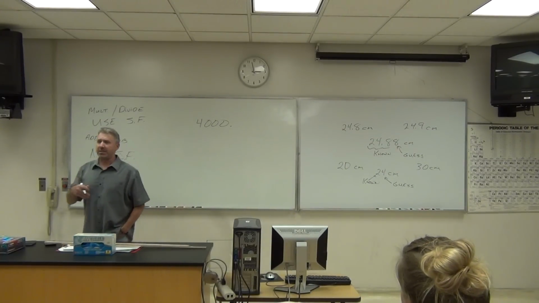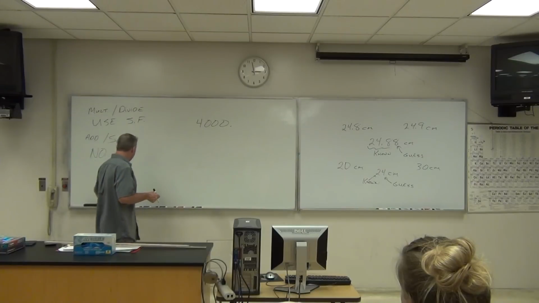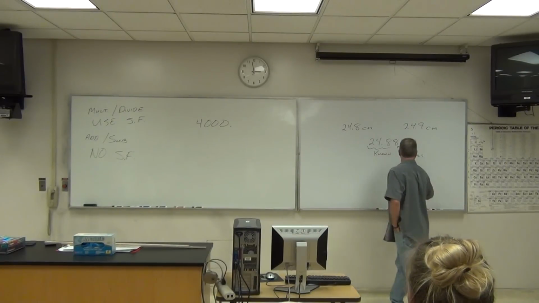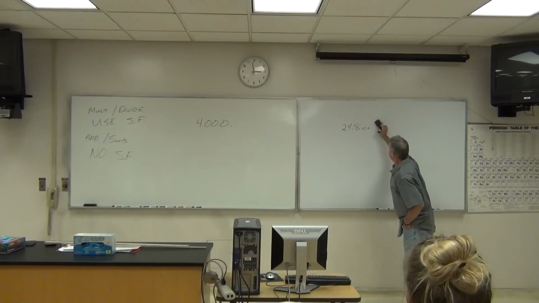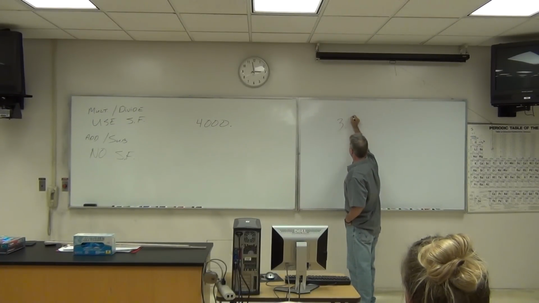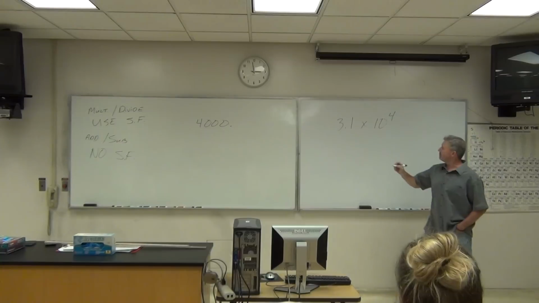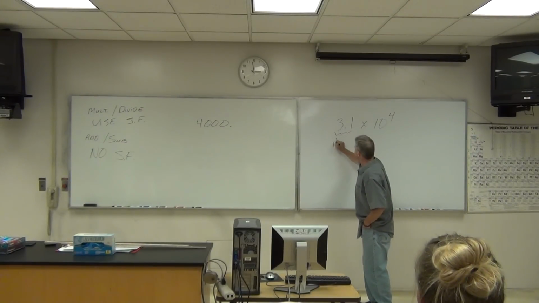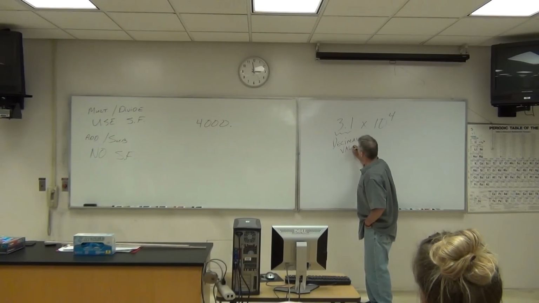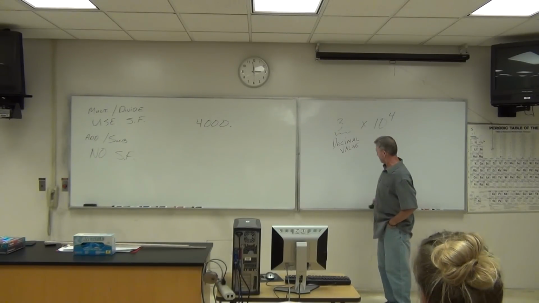Scientific notation is simply an alternative method to represent numbers. And in order to have a number correctly written in scientific notation, you have to have a couple of things. First of all, you have to have a decimal value. Now, it doesn't mean that the number has to have necessarily a decimal. It could be represented like this, 3.